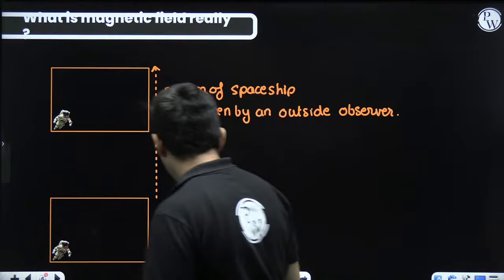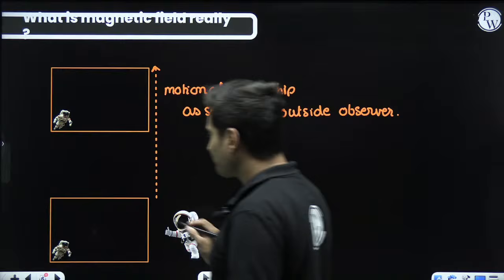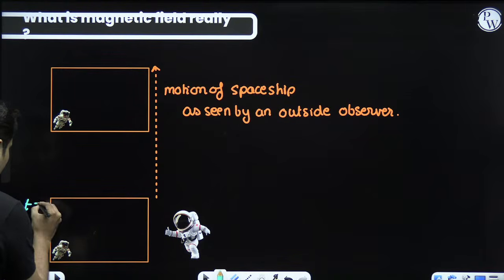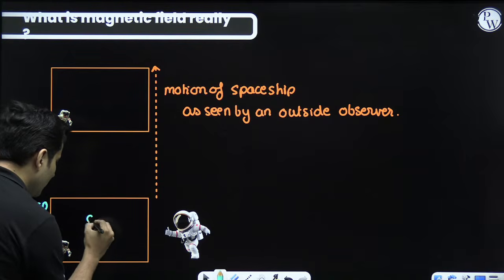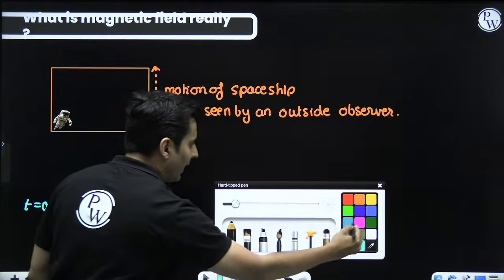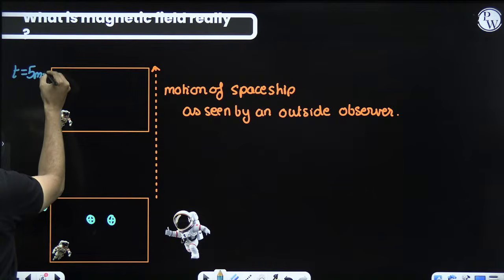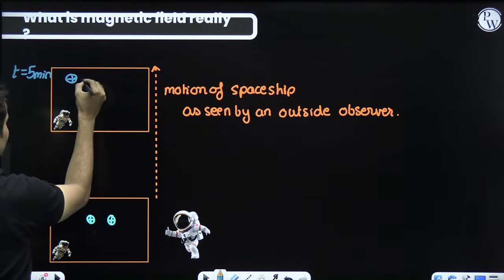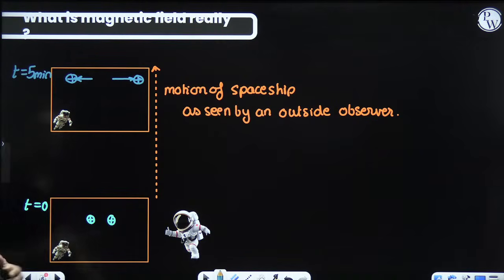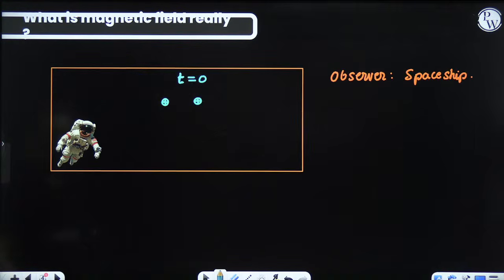Great. Now observe this carefully. Initially, for this particular person at t equal to 0, these two charges were here. We wait for 5 minutes. This is at t equal to 5 minutes, and we expect the charges to have moved so much here and so much here. That is what we expect, and that is what happened over here.